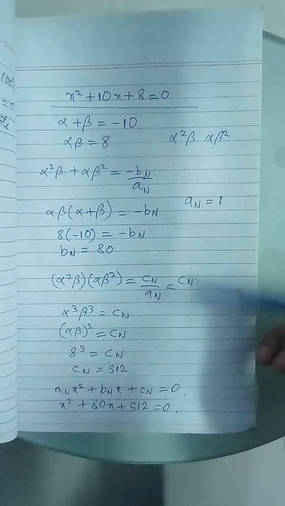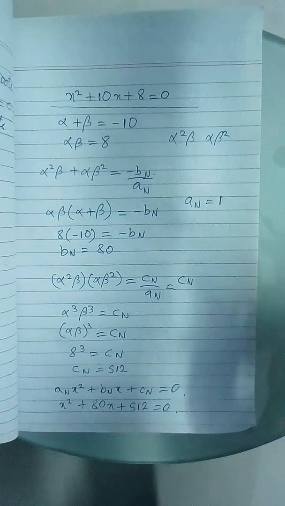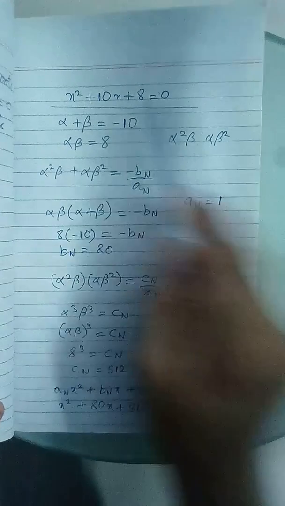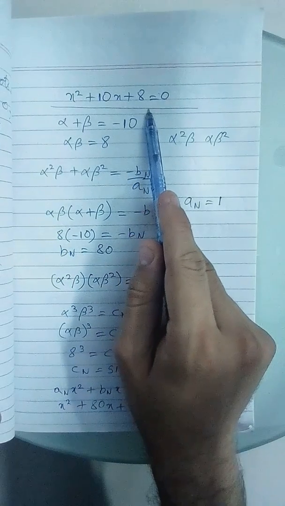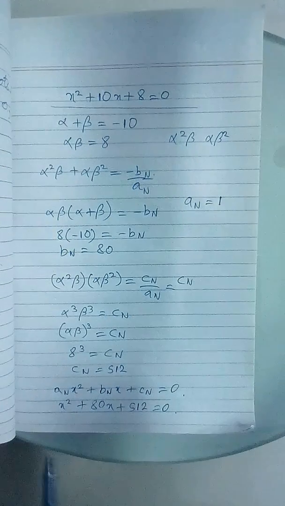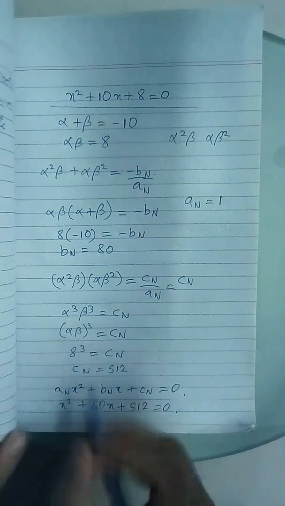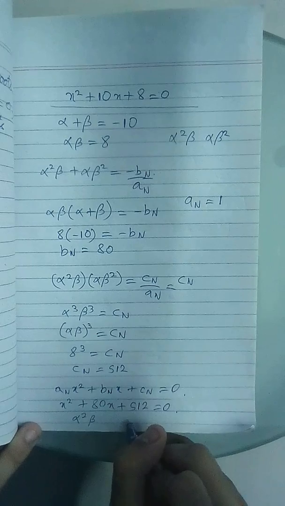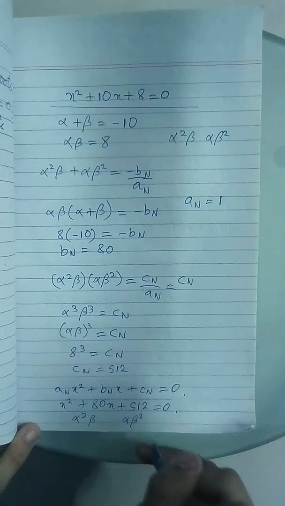Just repeating what they actually are: if this equation has the roots alpha and beta, this equation is going to have roots alpha square beta and alpha beta square.